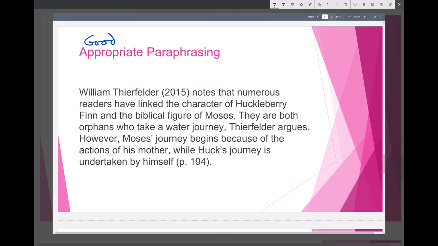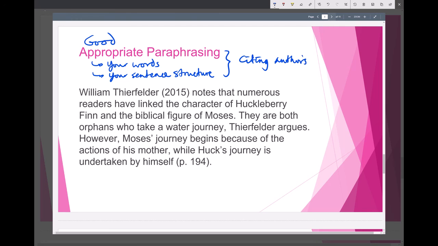So a good paraphrase has your words, remember, and your sentence structure. But you're always citing the author's idea. So let's take a look at how this works.